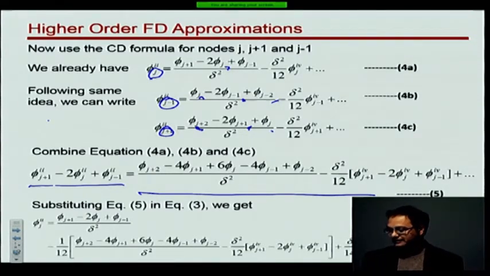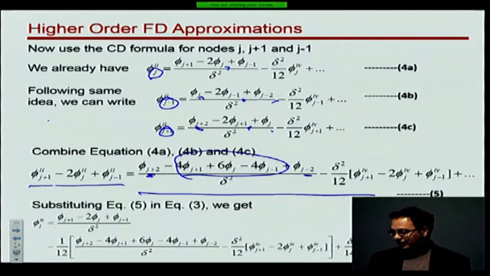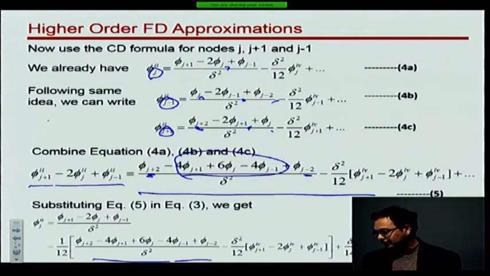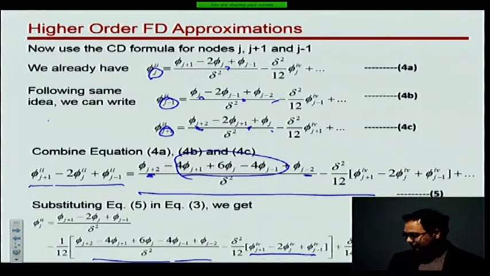You can see now you have a j plus 2, a j minus 2 in addition to the central core that we have been using so far. Okay, so now I plug that in, I get this expression. Okay, and now sadly enough we still have the fourth derivatives floating around, with a delta square in front of it, so we need to eliminate that also.